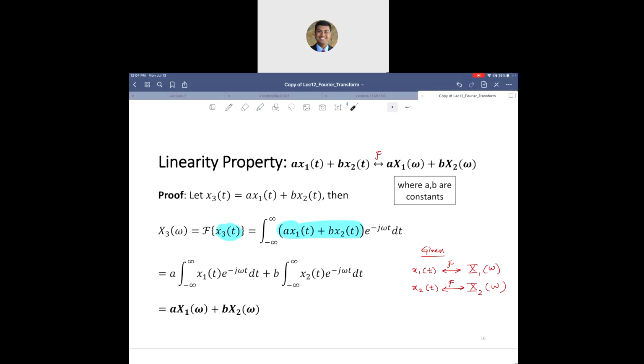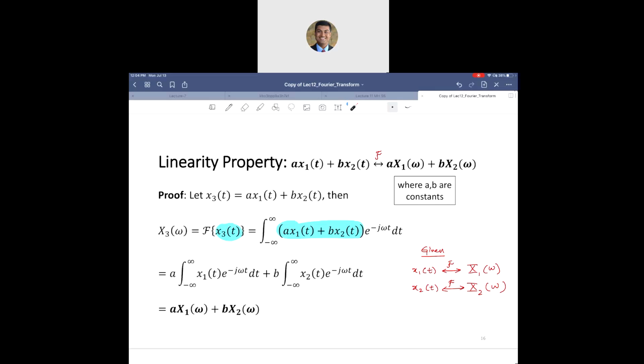Because a and b are scalars, they come out of the integration. You will be left with x1 and x2 inside. If we now write them as separate integrals, you can see that they are essentially the Fourier transforms of the individual x1 and x2 of t. So this is a quick proof that linearity applies for the Fourier transform operation.